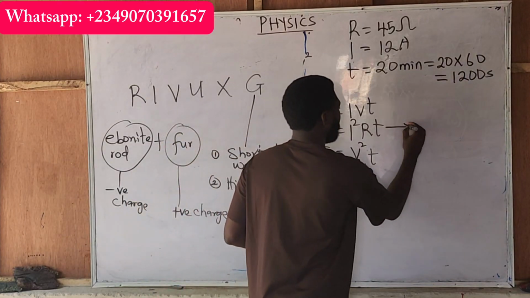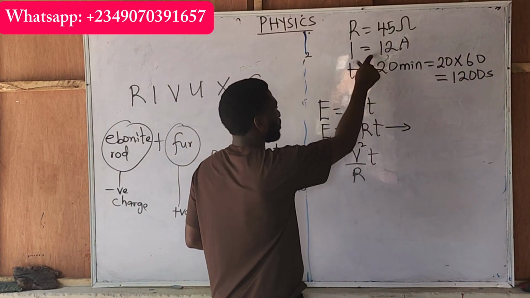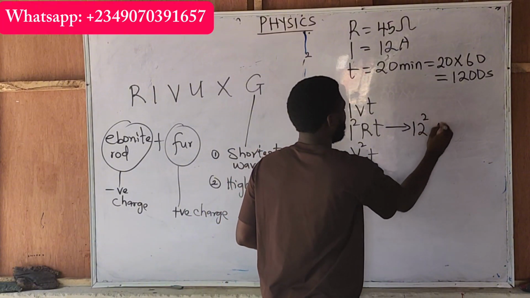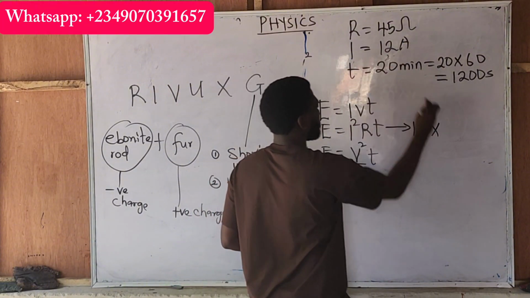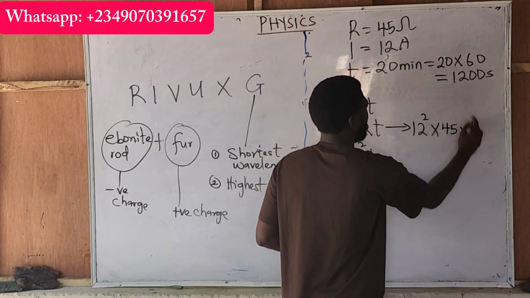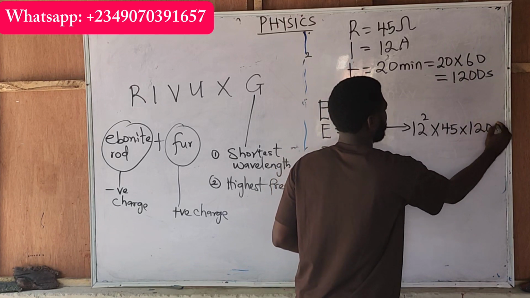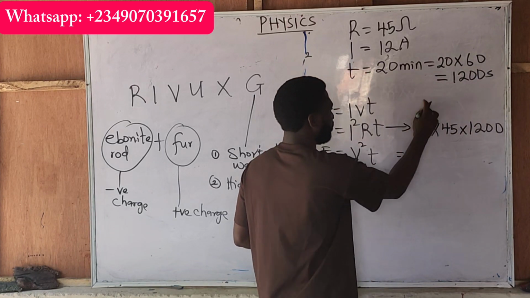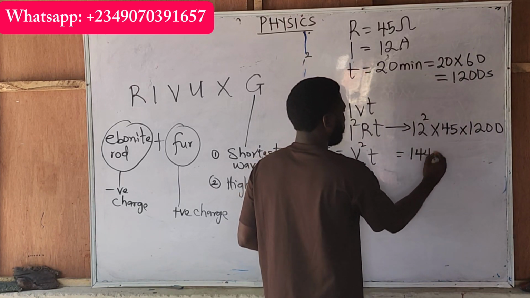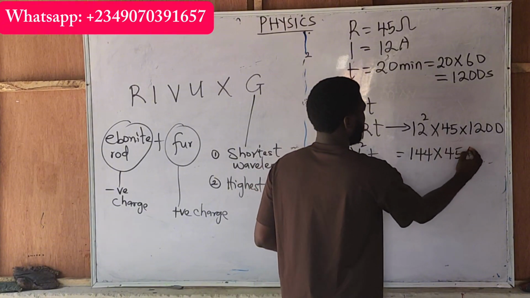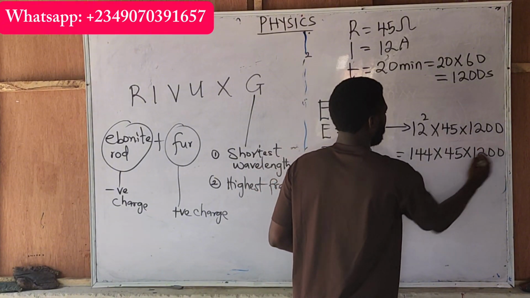So going for this now, what is the current? The current is 12, that's 12 squared. The resistance is 45. And then we have the time to be 1200. So 12 squared will give us 144 multiplied by 45 multiplied by 1200.